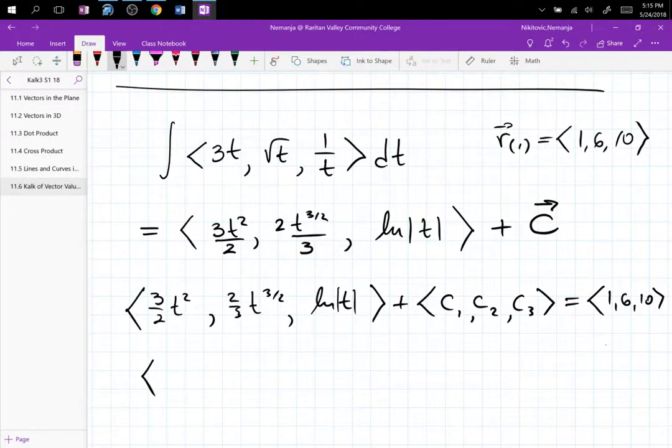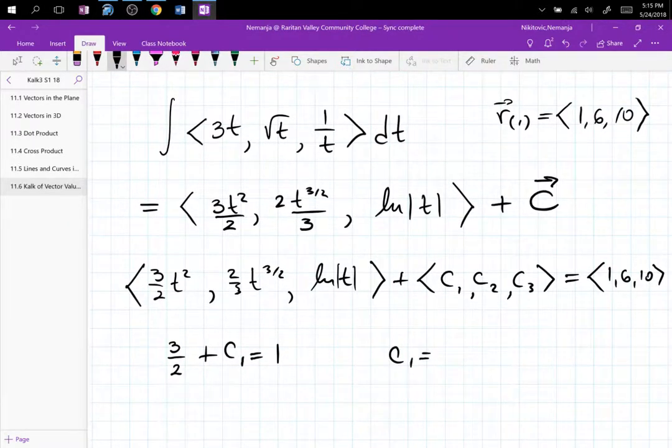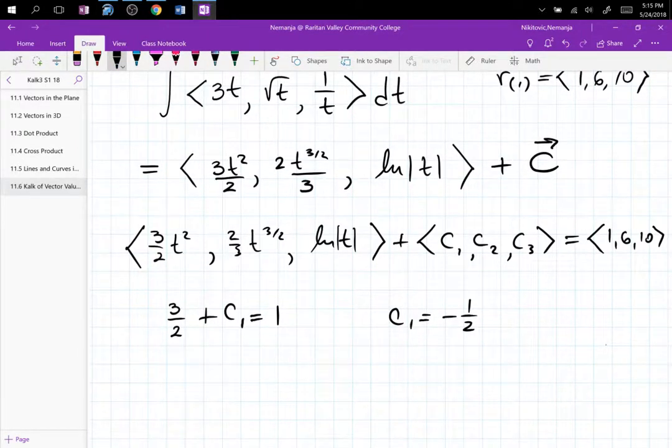So now I plug in 1 for every t, and I get 3 halves plus C1 equal to 1, from where C1 is equal to negative 1/2. Great.